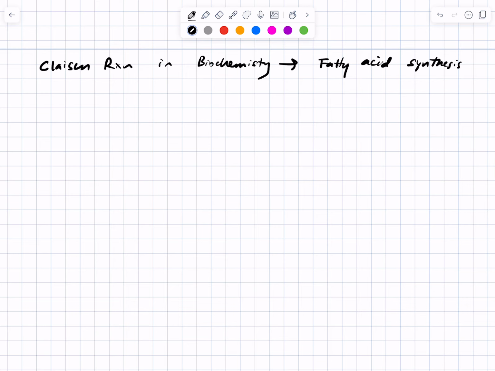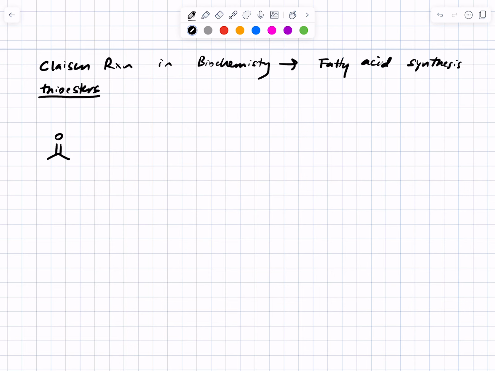Okay, so nature for its Claisen reactions uses thioesters. You've learned about thioesters. They're great in nucleophilic acyl substitution reactions. And frankly, the Claisen reaction is an example of a nucleophilic acyl substitution. It's just that you're using an enolate as the nucleophile.